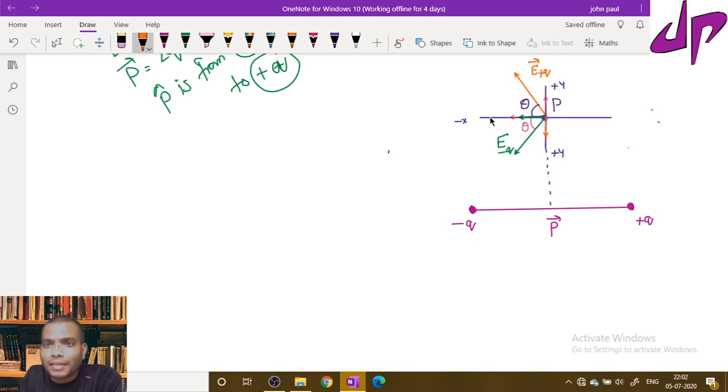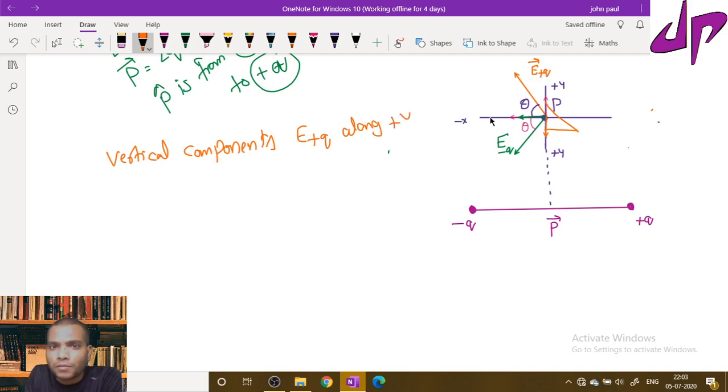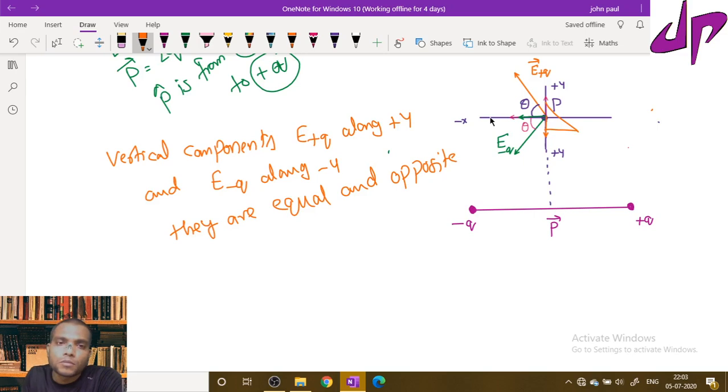Since these two vertical components, the electric field due to the positive charge along plus y and the electric field due to the negative charge along negative y, are equal and opposite, they cancel each other. So if they cancel, our burden will become less.